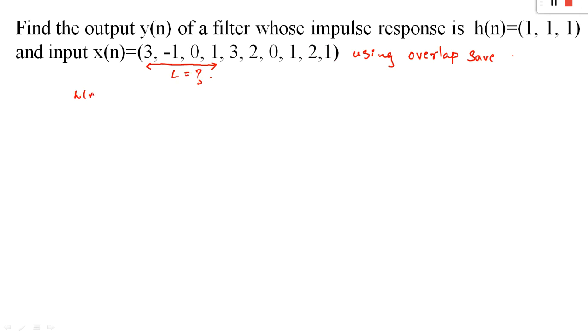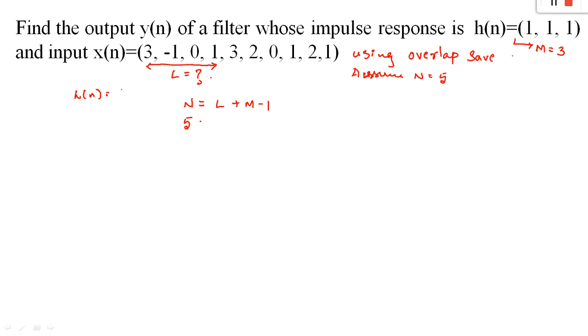How do you decide? I already know that h of n is nothing but 1 comma 1 comma 1. So this is m value. M is 3. So as I told you, the length should be equal to n is equal to l plus m minus 1. Now I must also tell you how many point DFT you are supposed to use, and let me assume the value of n is equal to 5 point DFT.